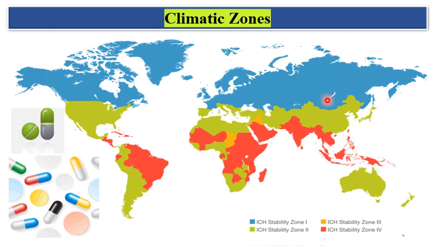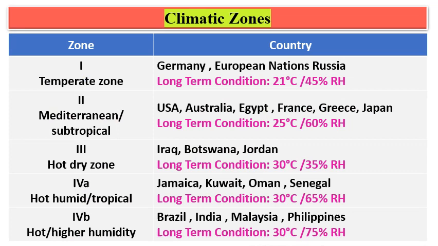So you can understand that after zone 4, here is India. It comes in zone 4. Above this it will go to zone 2, and above that the European countries are there. These are in zone 1, but some of the countries are in zone 2 also.